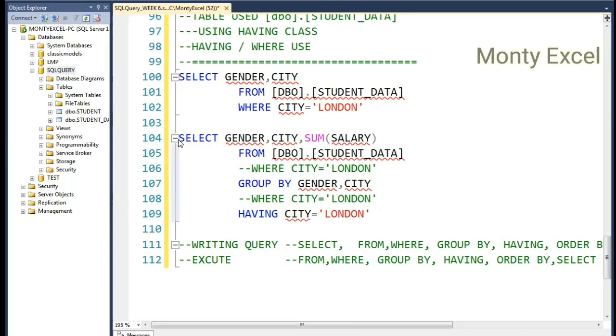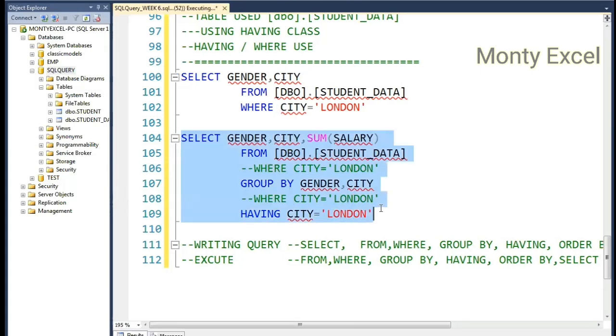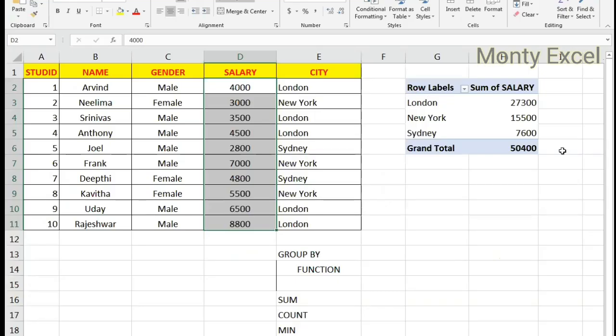When I run this query, you are getting the output. So where condition will filter on your data, having will filter on the same data, but after the grouping of the data. This is the group of the data.